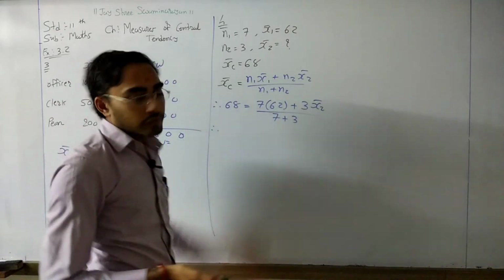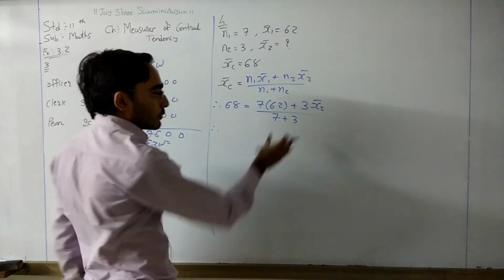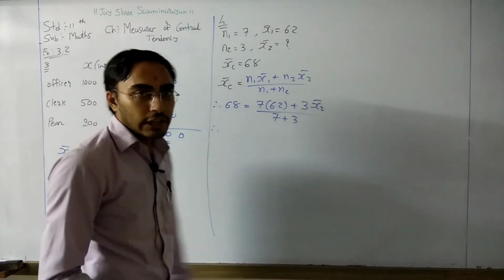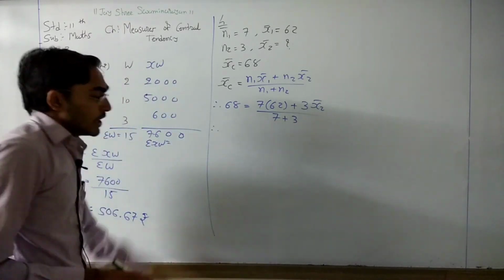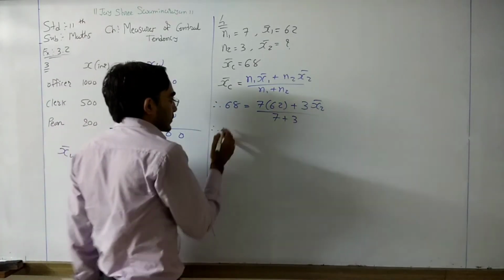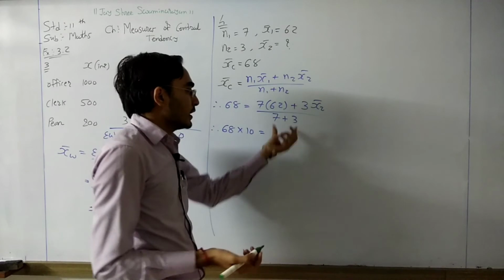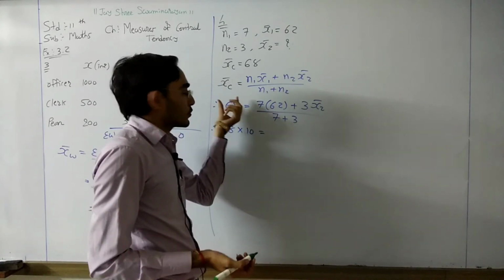Now 7 plus 3 is 10. If we want to find this x2 bar, first of all we need to transfer this 10 to the left hand side. It goes to the multiplication, so 68 multiplied by 10. This denominator goes to the numerator.